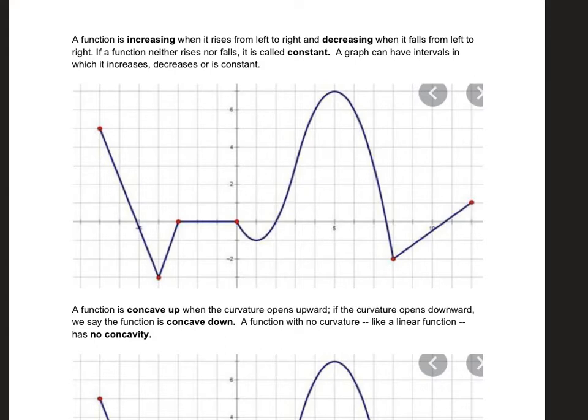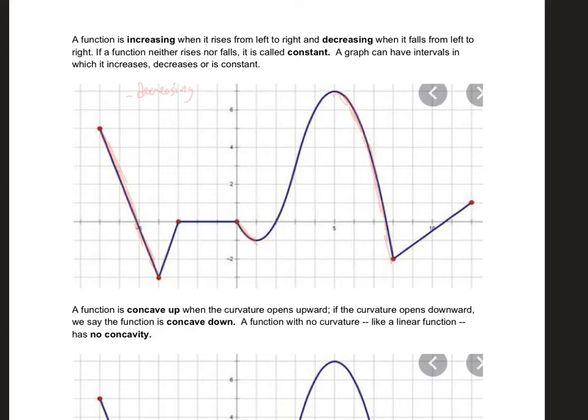So in this graph, if I were going through and marking the places where it's decreasing, it would be decreasing right down through here. It would be decreasing here. It would be decreasing here. So those would be the intervals of decrease.